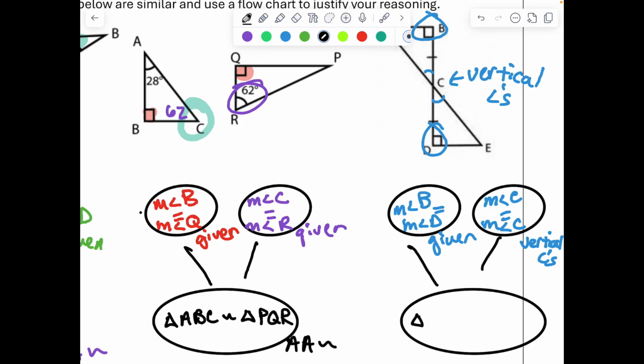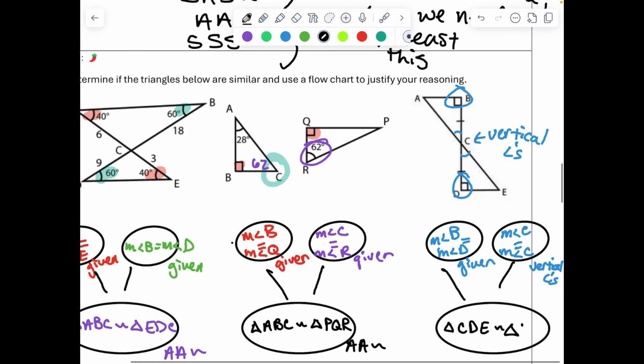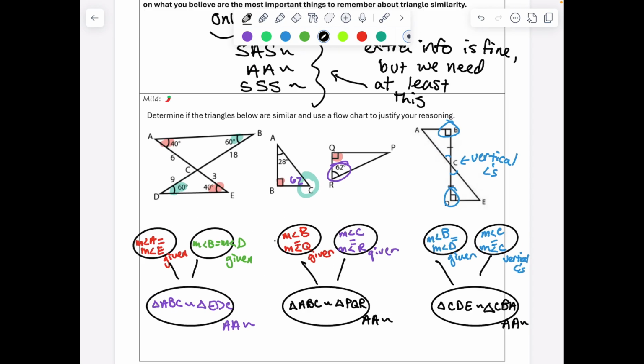So we can say triangle CDE is similar to triangle CBA due to angle-angle similarity.